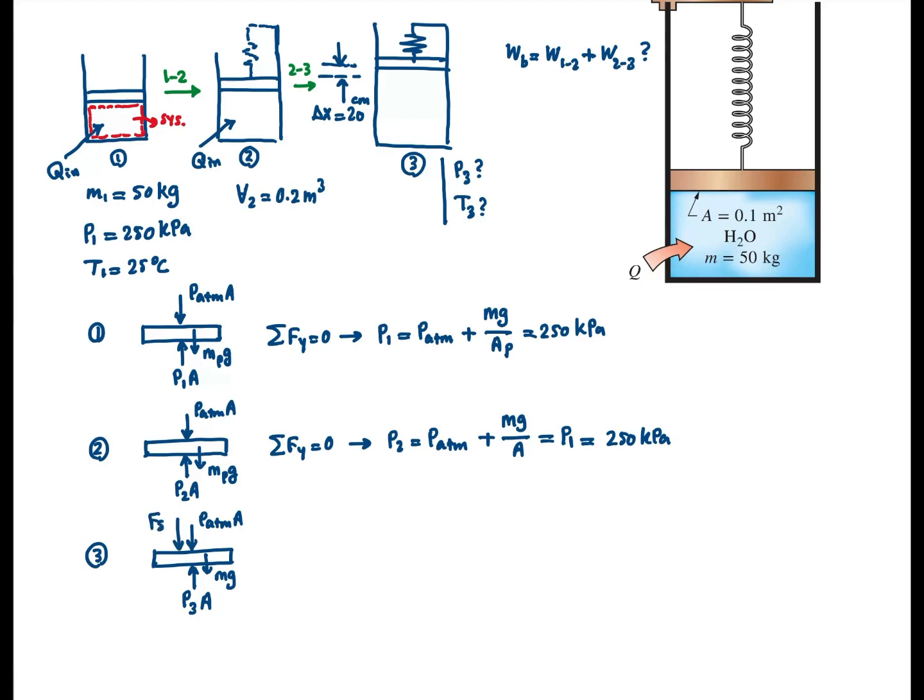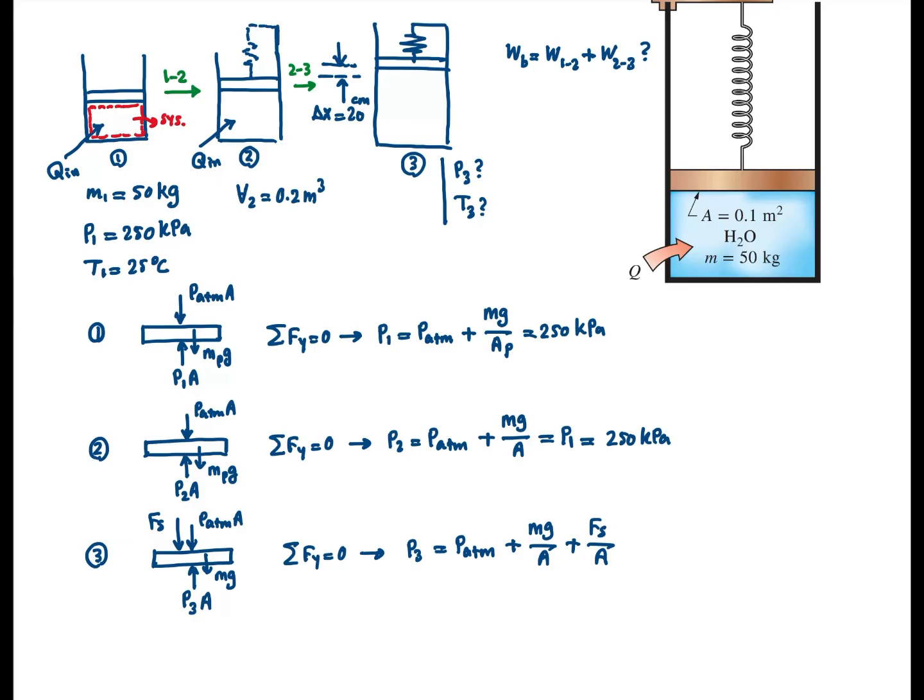Spring force. Again, equilibrium equation, sum of forces in y direction equals 0, or P3 equals atmospheric pressure plus the weight of the piston divided by area plus the spring force divided by area.